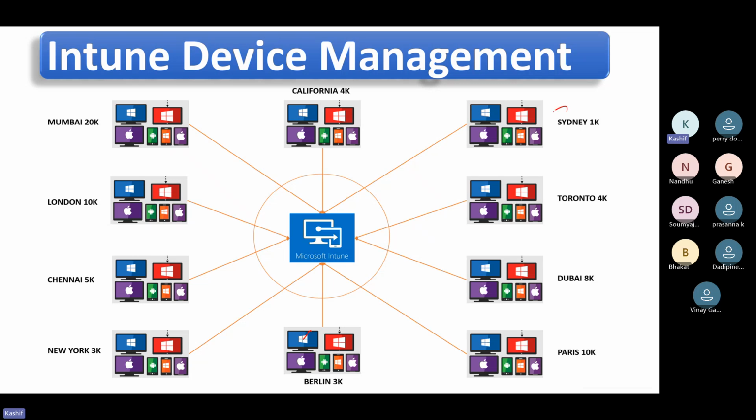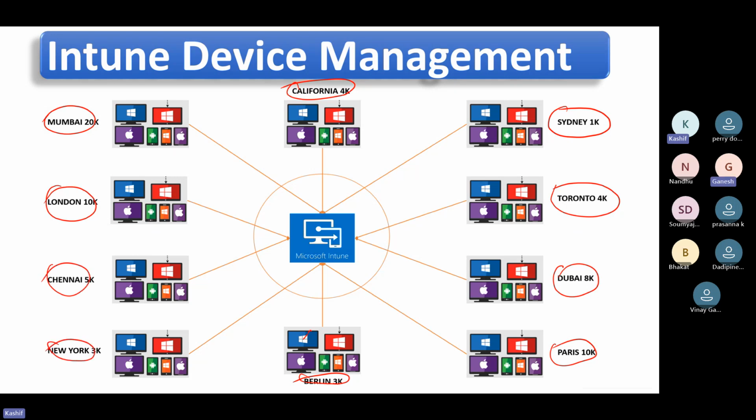For example, you have devices in Sydney, right? And you have some devices in Toronto, Dubai, Paris. You have some devices in Berlin, California, Mumbai, London, Chennai, New York. You have devices in various regions.